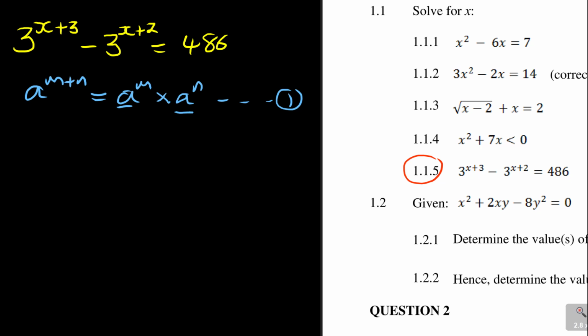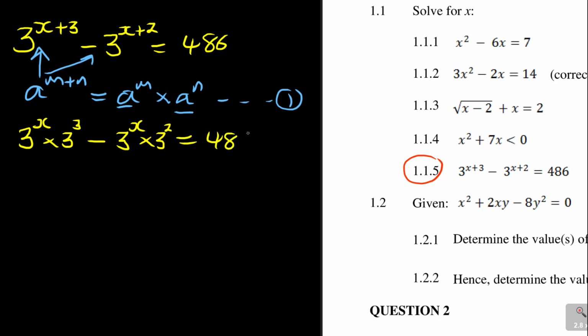So now, how do I then compare this and compare that? It means I can rewrite this to say 3 to the power x plus 3 same as 3 to the power of x times 3 to the power of 3 minus 3 to the power of x times 3 to the power of 2. You see, I'm splitting them apart, which is 486.